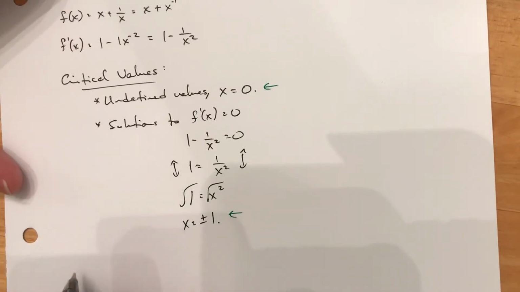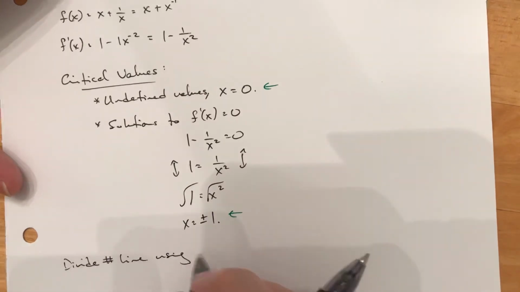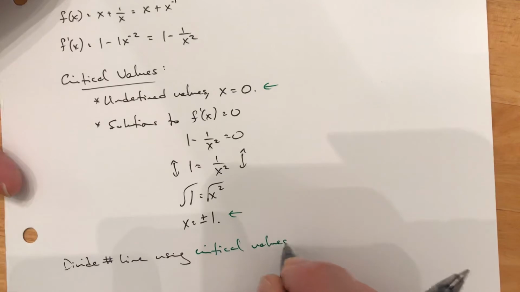Our second step we said was going to be to divide the number line up using those critical values. Those are going to give us the intervals.